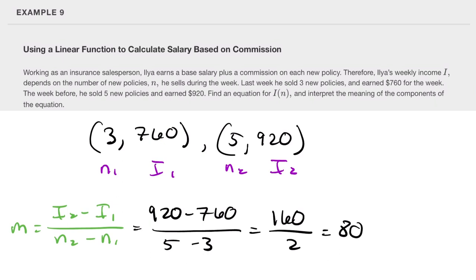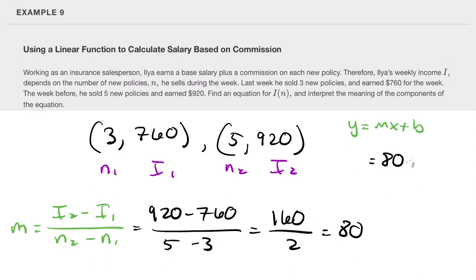Okay. So if we're doing y equals mx plus b, that's just my default, and I'll plug in what we need as needed. So my I as a function of n is going to be the slope, which is 80 times n. Oh, we still don't know b. So we need to find the y-intercept. I'm going to plug in one of the points.